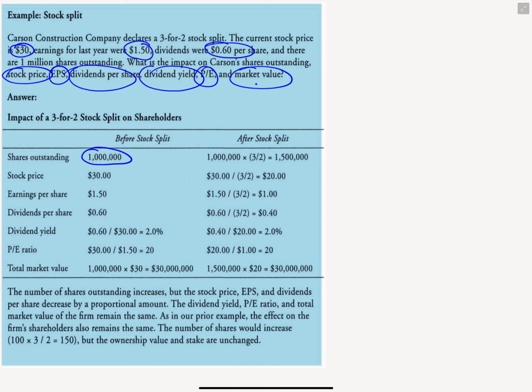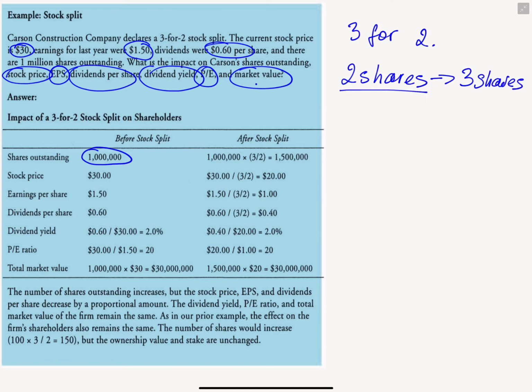We have six accounts. Shares outstanding: we have a 3 for 2 split. It means if you had 2 shares, your 2 shares become 3 shares.